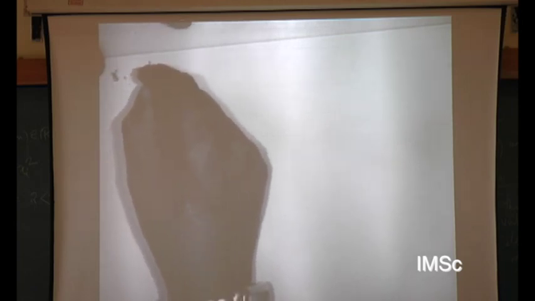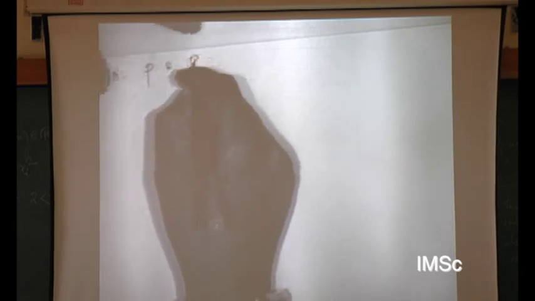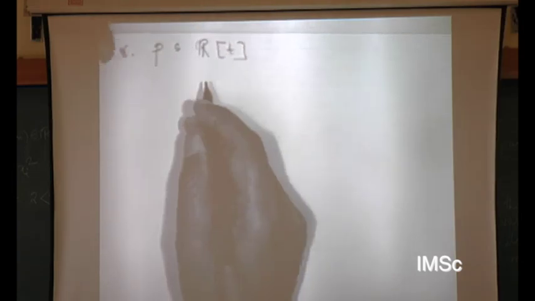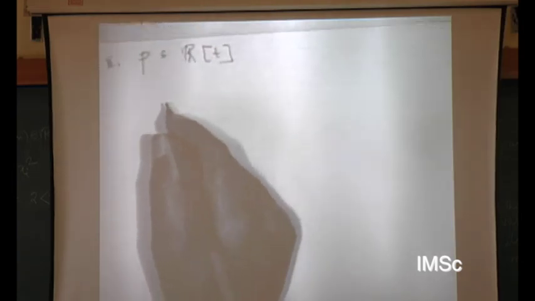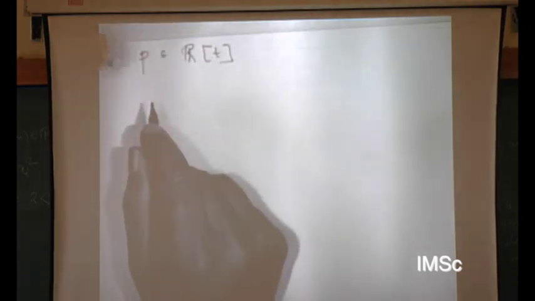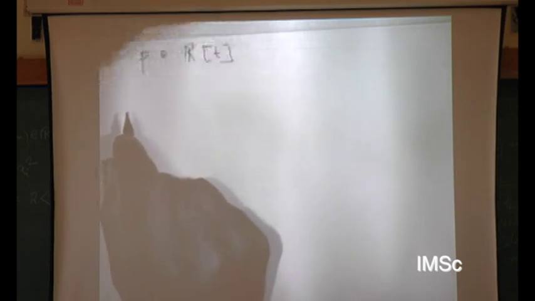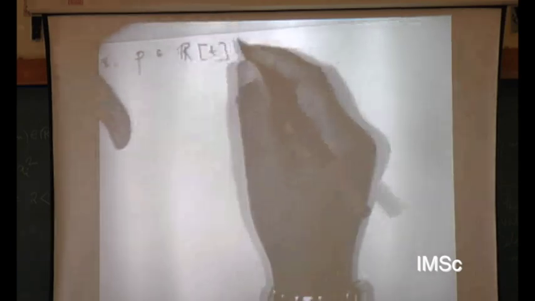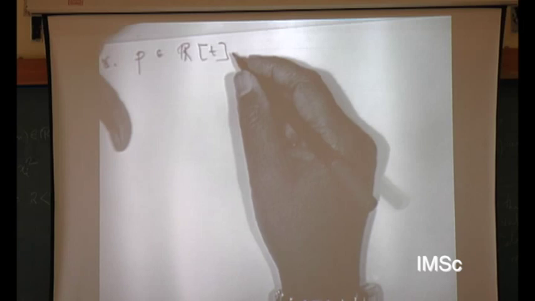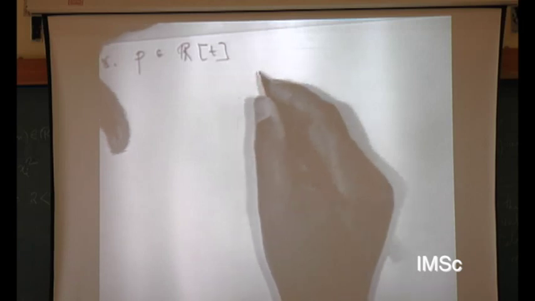if P is a real polynomial, that means a real polynomial with real coefficients, that means that P of A is going to be self-adjoint. Okay?